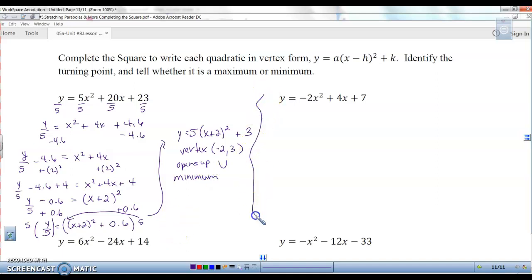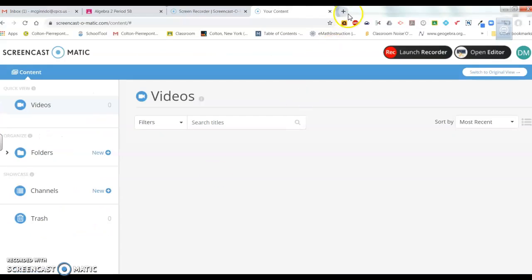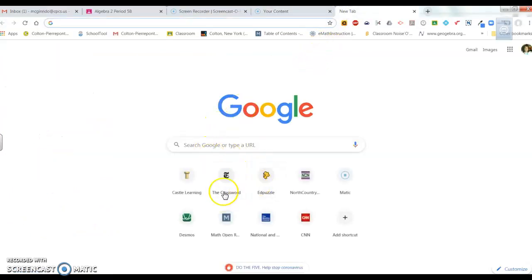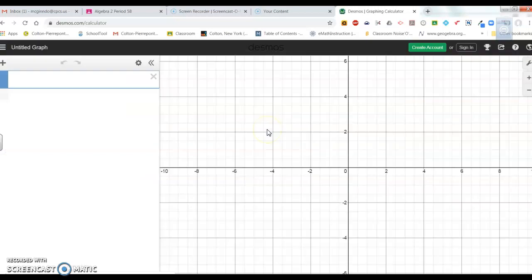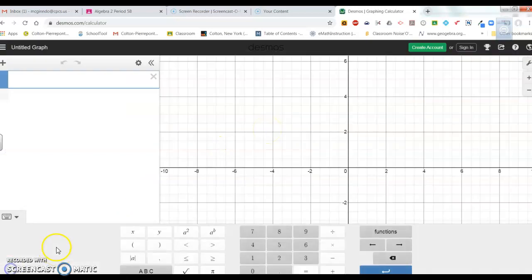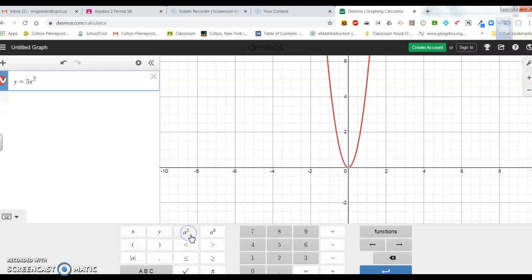Okay. Now, if you want to verify that this is the correct equation, you can use Desmos or you can use the graphing calculator, either one. Let me put Desmos up here. All right, so let's put the original equation in. y equals 5x squared plus 20x plus 23.